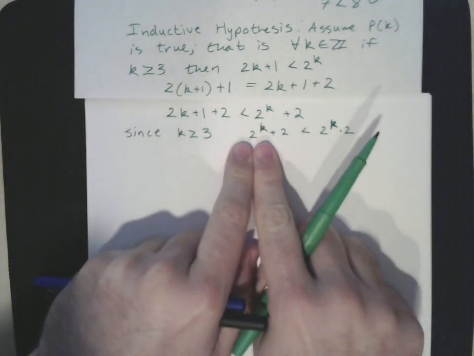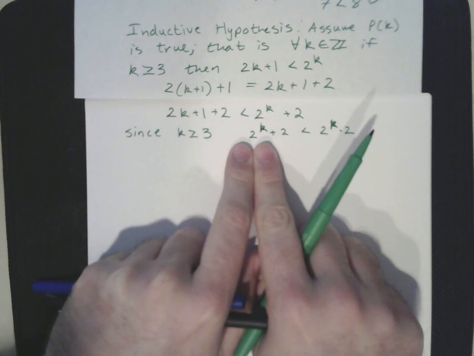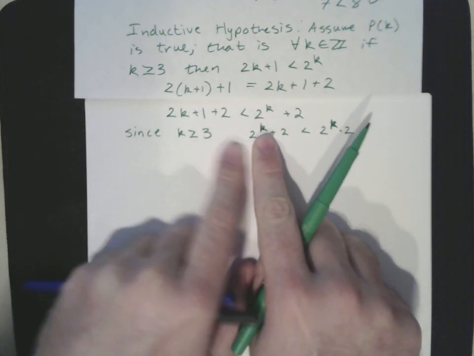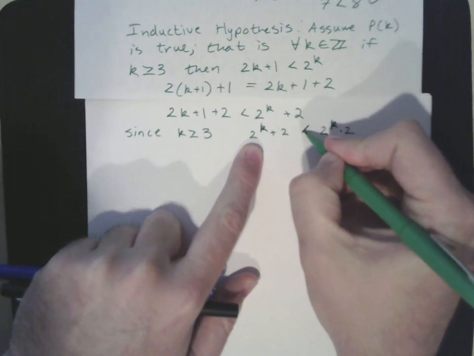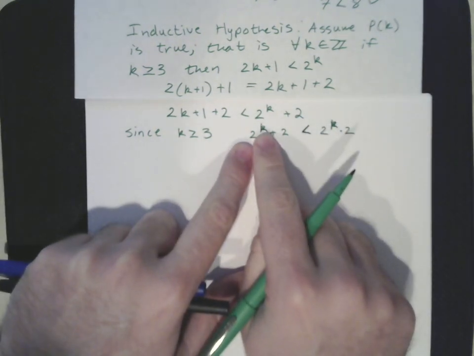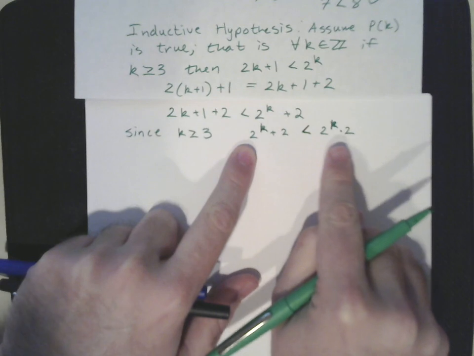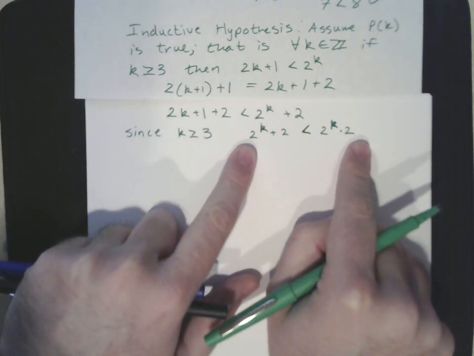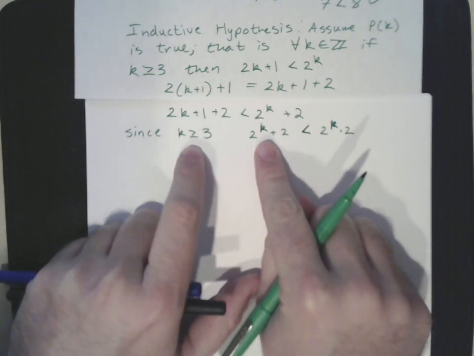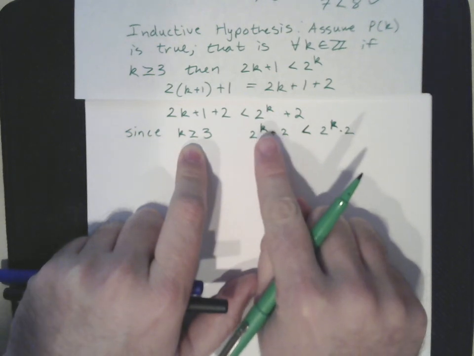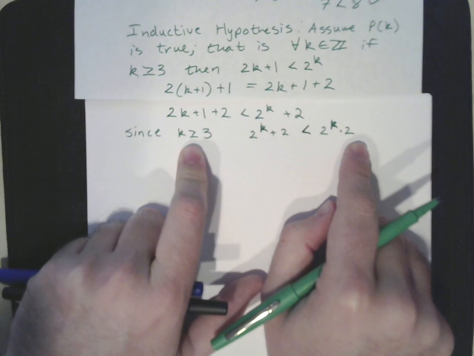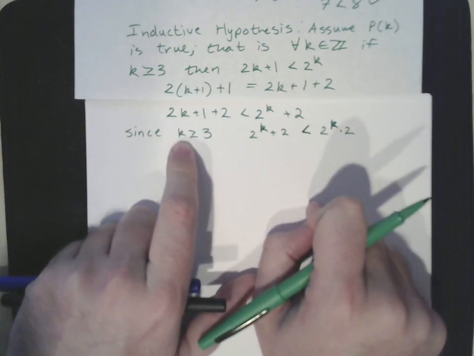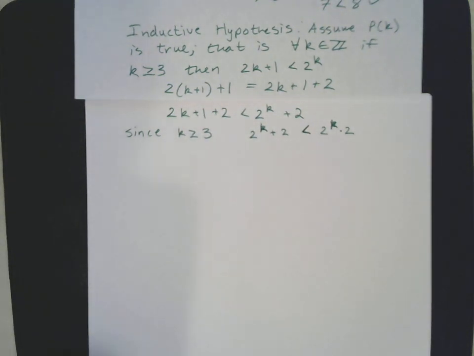Since this is at minimum 8, if we allowed k to be 1, this inequality would fail. Because if k was 1, then this would be 2 plus 2 is less than 2 times 2. And we know that's false. So since k is strictly 3 or bigger, we know that 8 plus 2 is always going to be less than 8 times 2. And it all hinges on that change in our domain.